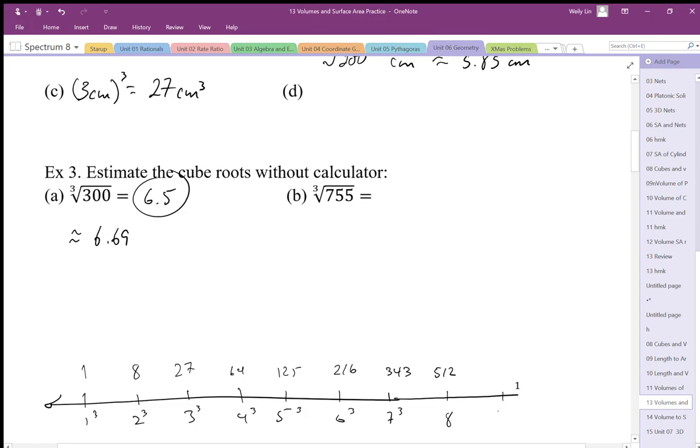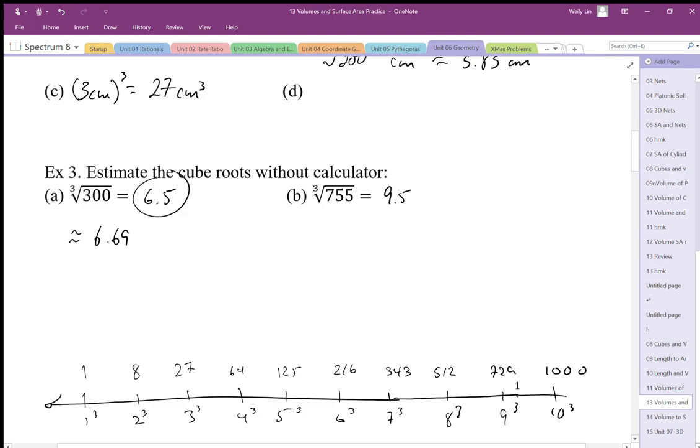Then 9 cubed is going to be 729, and 10 cubed is going to be 1000. So we know that 755 is going to be somewhere between 9 and 10, so we're going to estimate about 9.5.